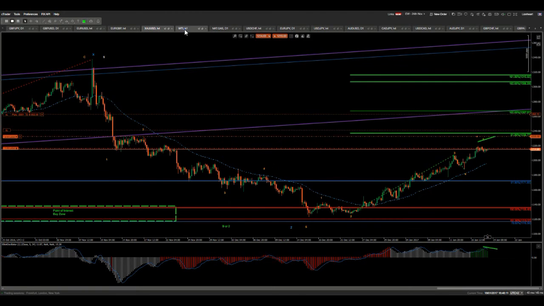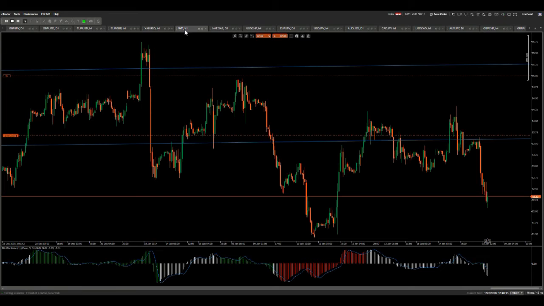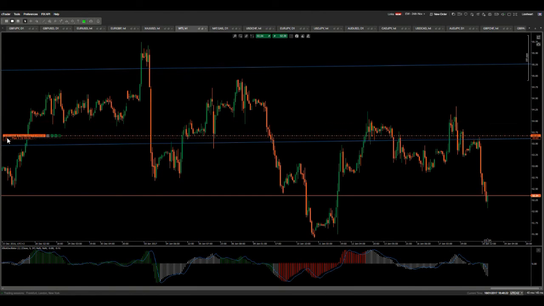I'm already in this trade. If I go to my trading charts right here, you can see that I'm in the market. With that, one thing that I will do, due to the fact that I am indeed in profit, is set my stop loss in the profit.